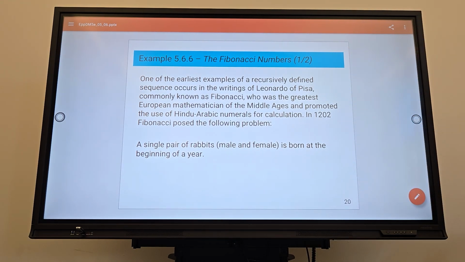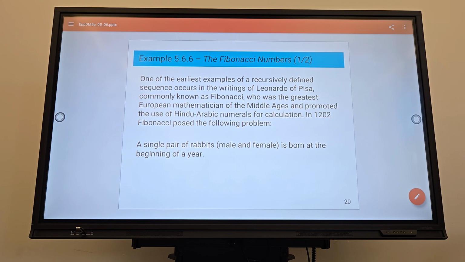But one of the earliest examples of a recursively defined sequence occurs in the writings of Leonardo da Pisa, commonly known as Fibonacci, who was the greatest European mathematician of the Middle Ages and promoted the use of Hindu-Arabic numerals for calculation. In 1202, Fibonacci posed the following problem.